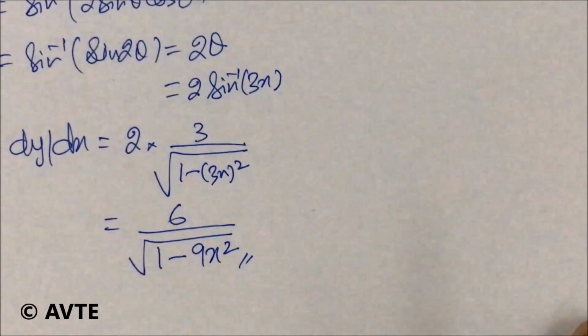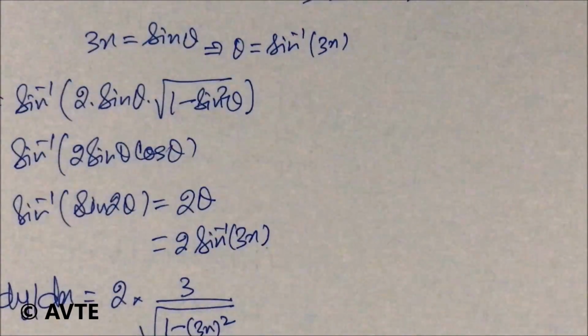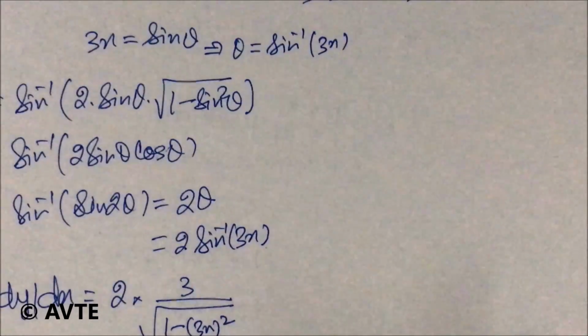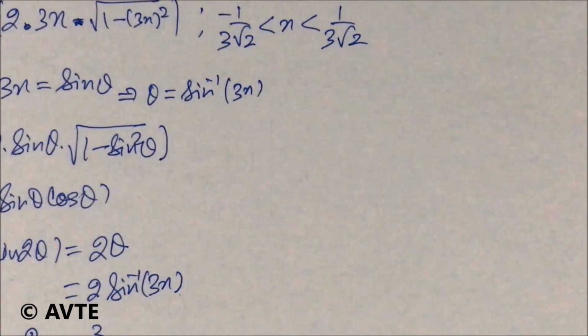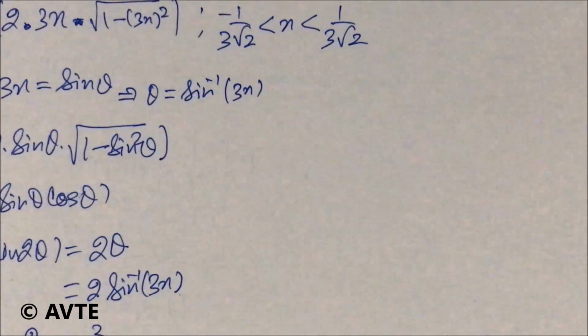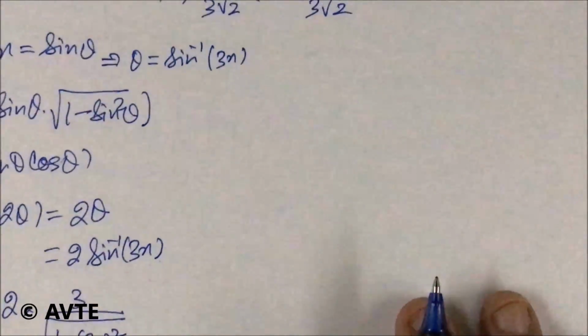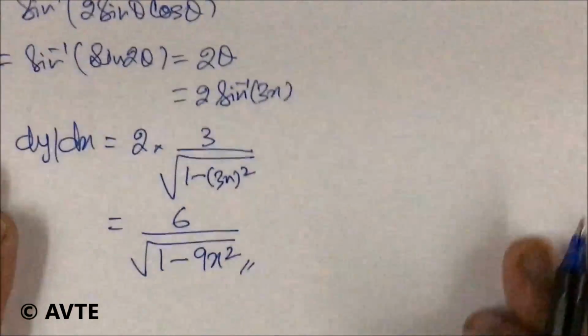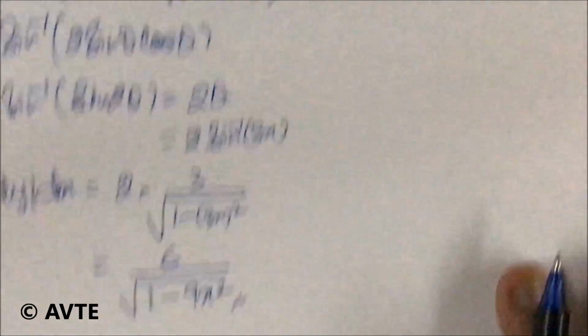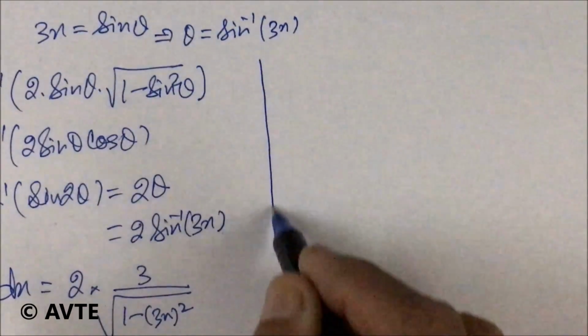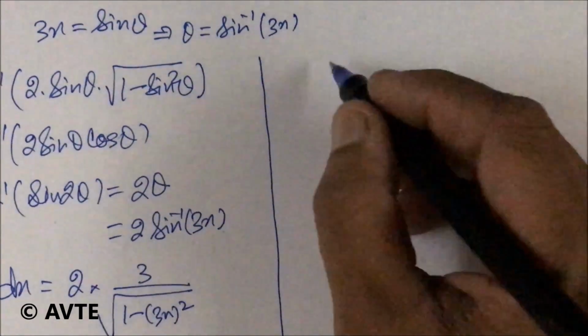Well, remember, because it's a 2 marker, it is enough to give this presentation. Had it been the same question for 4 marks, in that case it will be your responsibility to explain the condition. So the answer is no doubt 6 upon under root of 1 minus 9x square, because this is a 2 marker. For a 4 marker question, you need to also give the presentation.